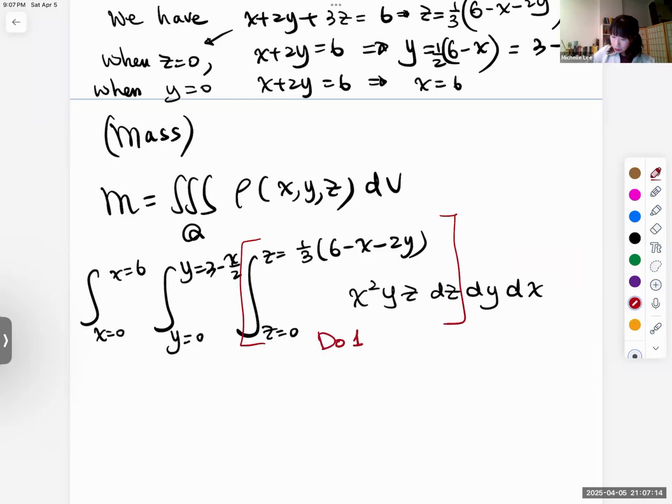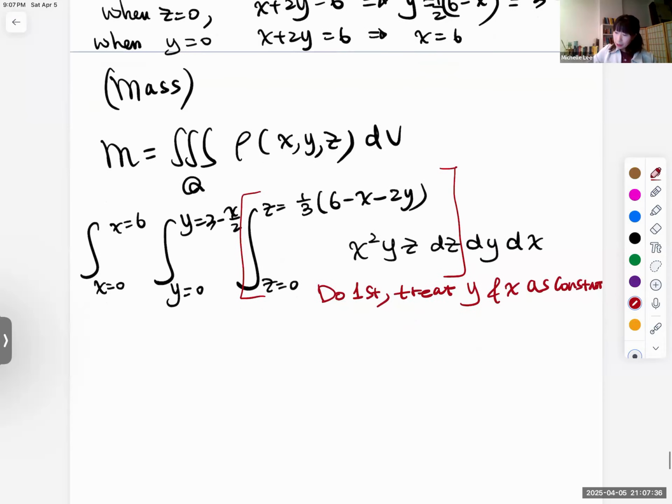So let's do it. First, treat y and x as constants. We have x from 0 to 6, y from 0 to 3 minus x over 2.